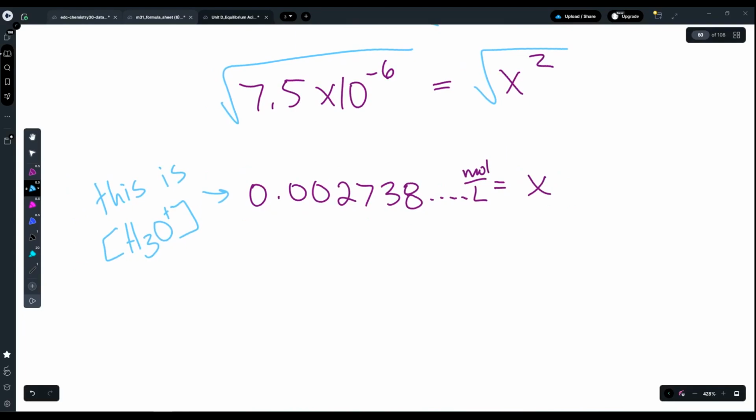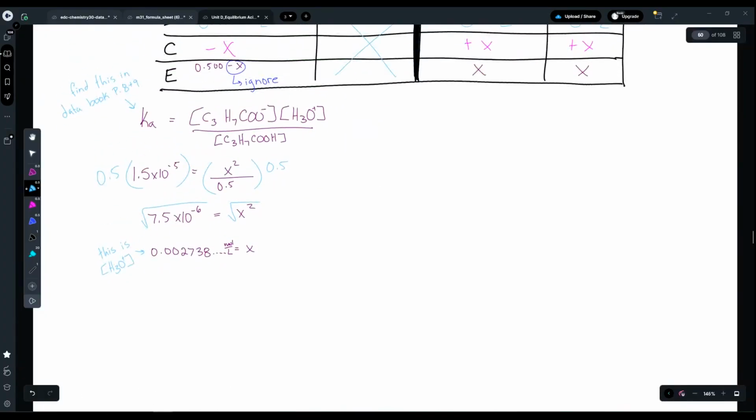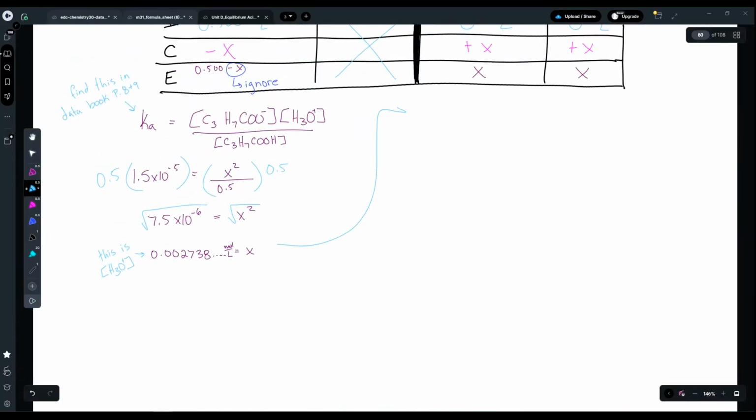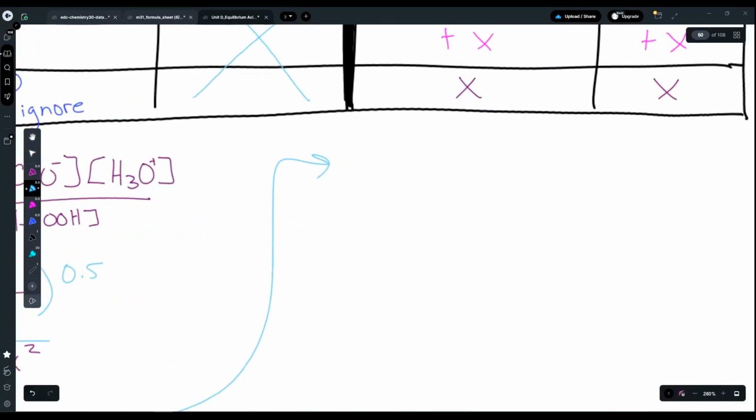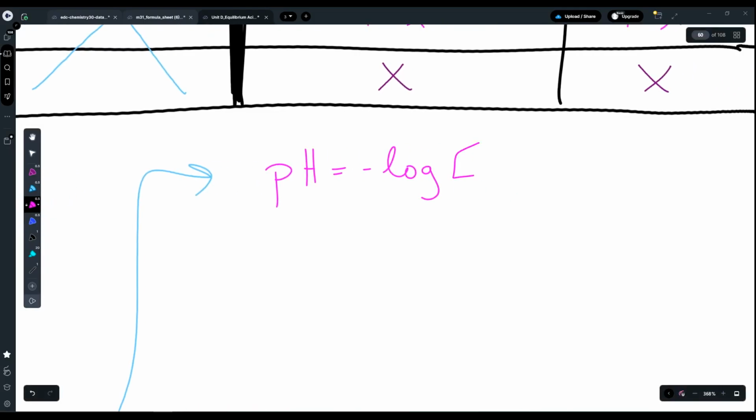So then we're going to use this value to calculate pH. So we'll move it up here. Start off with our formula and then plug in our number.